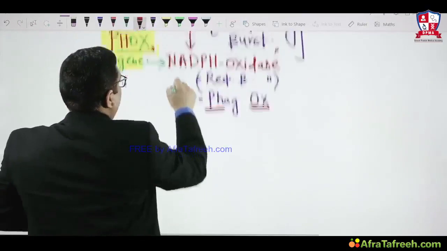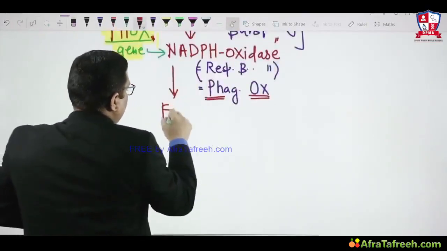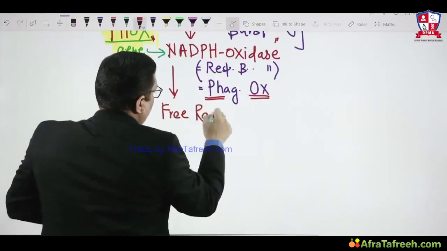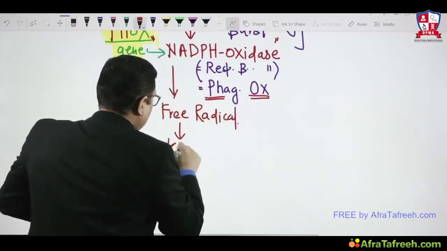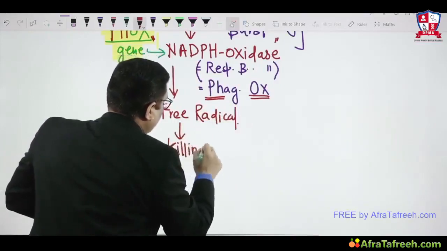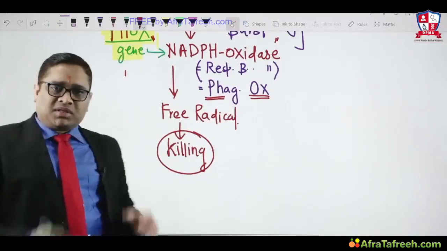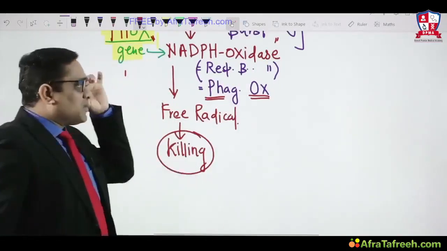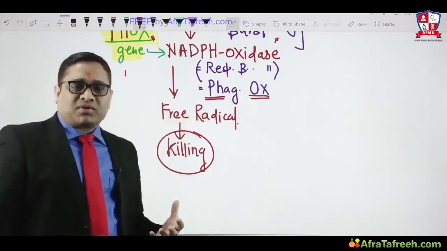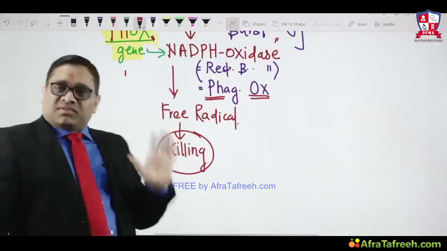So NADPH oxidase will produce free radicals, and this free radicals will kill the bacteria. So this will be involved in killing. So that is how bacteria will be killed within the phagolysosome. So NADPH oxidase, now you can understand what is the function of NADPH oxidase? To form the free radical, and that free radical will be killing this bacteria.